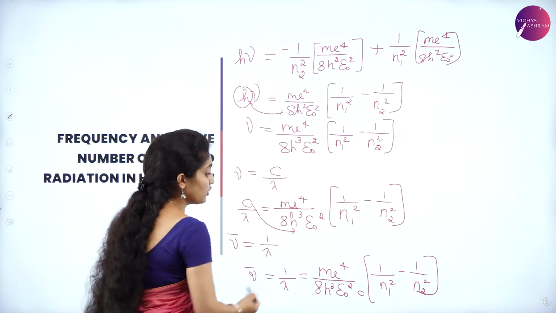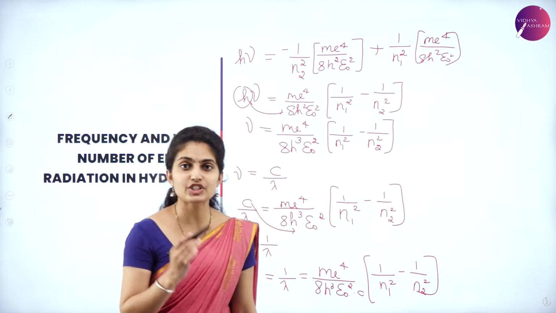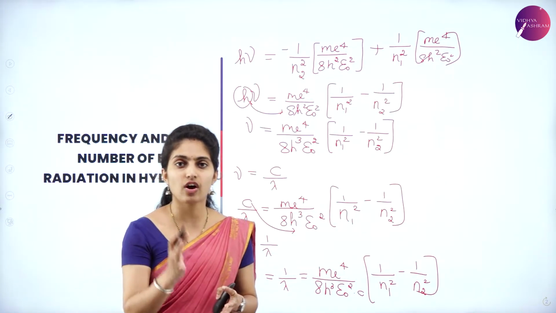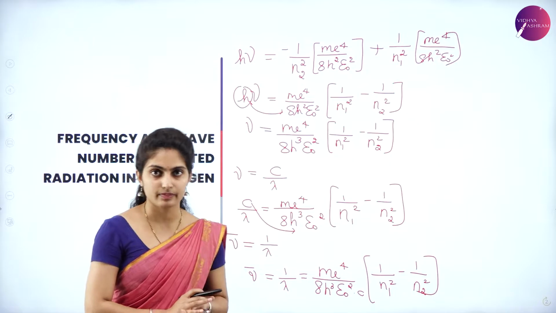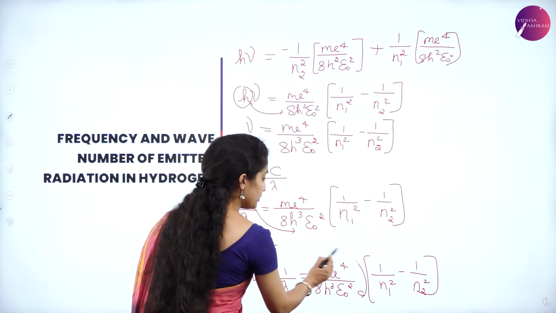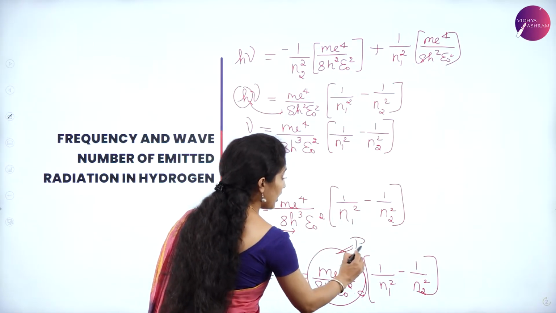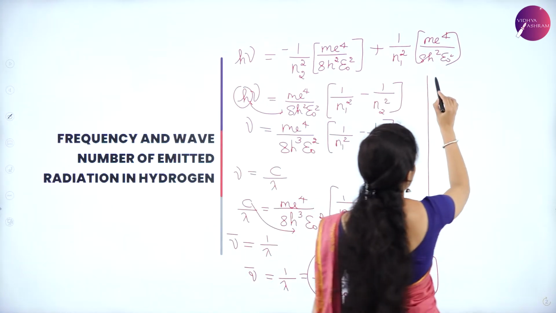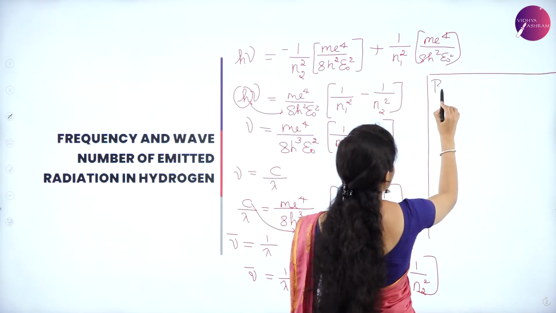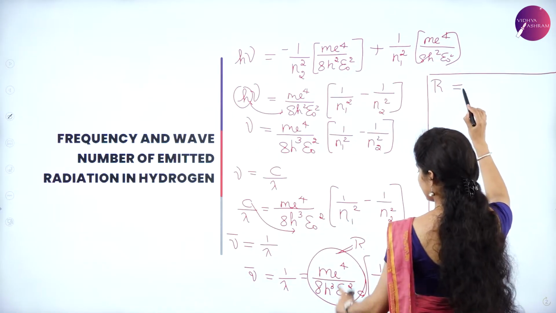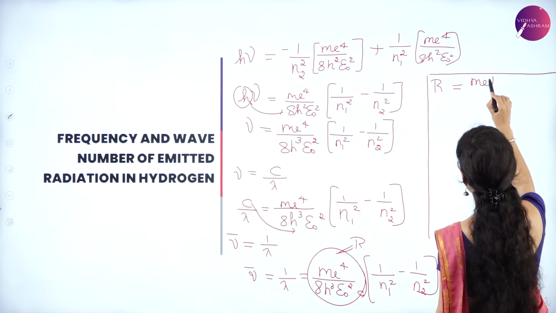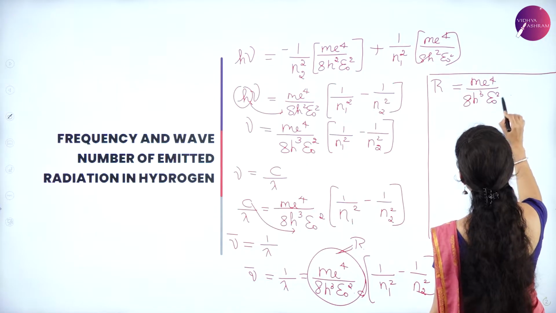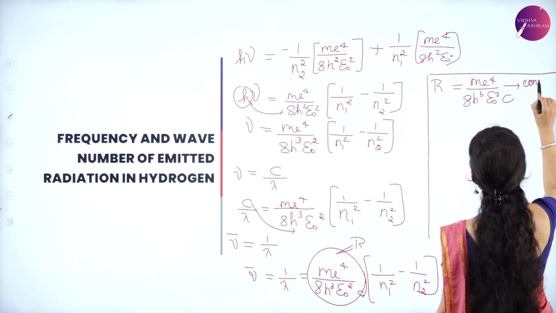So M e to the power of 4 divided by 8 h cube epsilon naught square into c is considered as a constant and it is given by R. So I can just rewrite the equation over here: R is nothing but M e to the power of 4 divided by 8 h cube epsilon naught square into c, a constant.